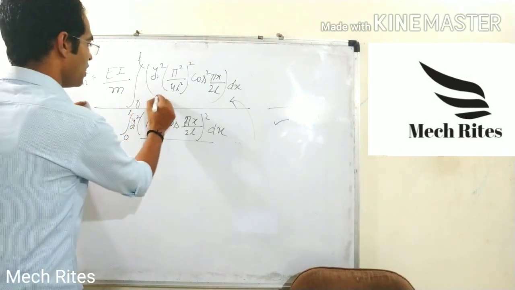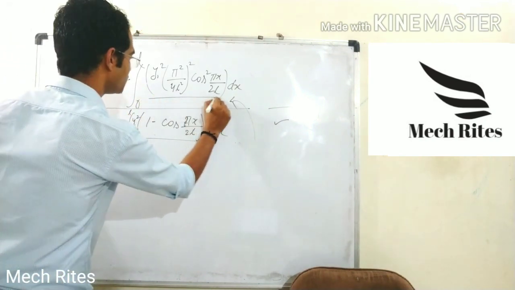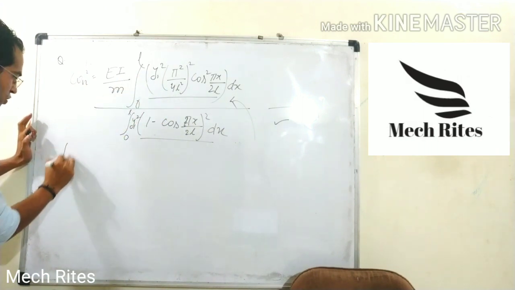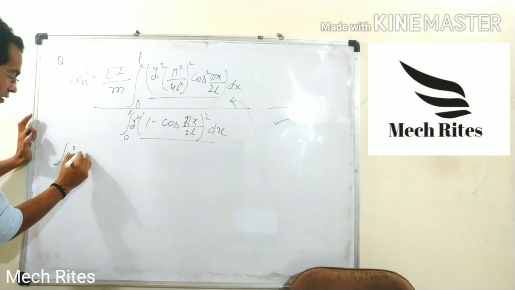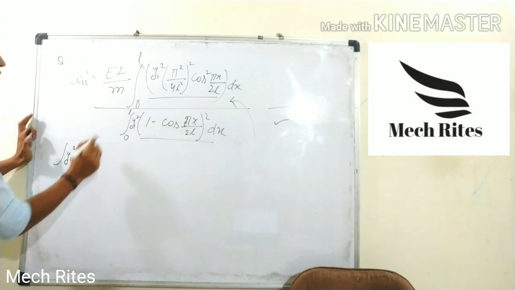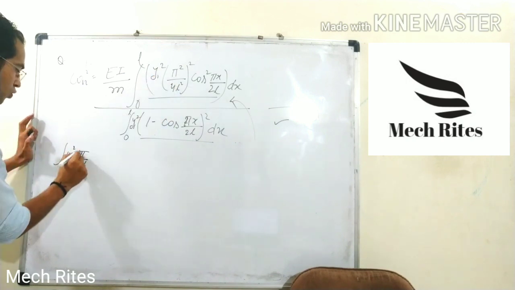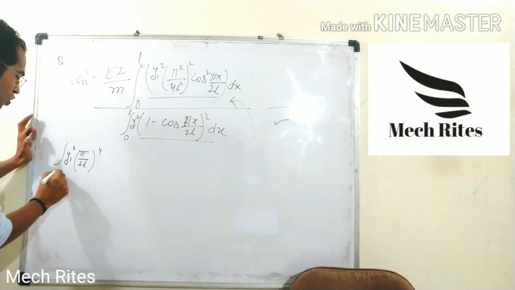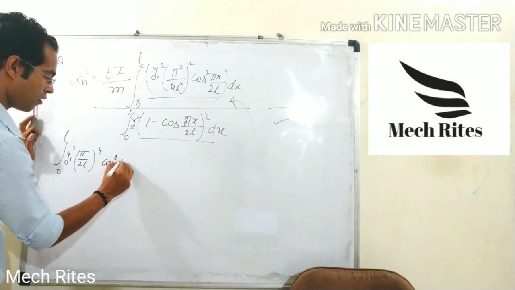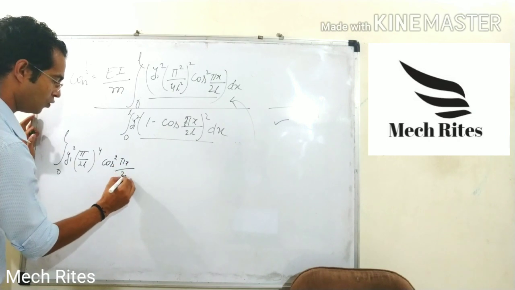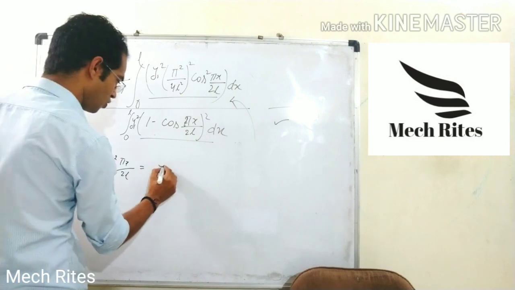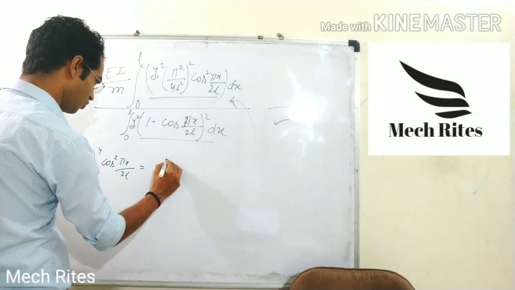Now these are not useful for us. So first of all I will have to integrate this part. Now I am going to integrate it part-wise. Integration of y1 square (pi by 2L) to the power 4, from 0 to L, cos square(pi x by 2L). Here all these are constants, so I am taking them outside the integration.